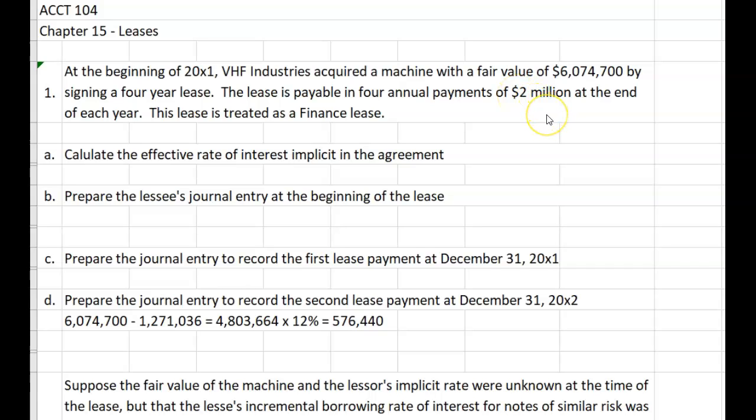When you calculate that factor, then, you need to look at the present value of an ordinary annuity table where n equals 4. Where that factor and row 4 intersects is your effective interest rate. Please do that calculation and start your video again to check your answer.